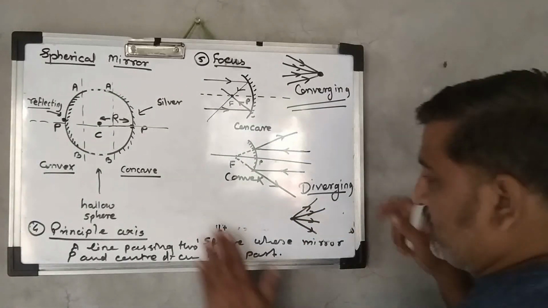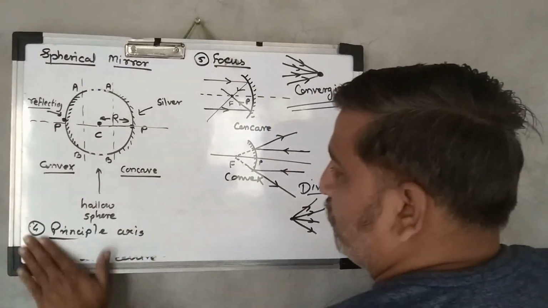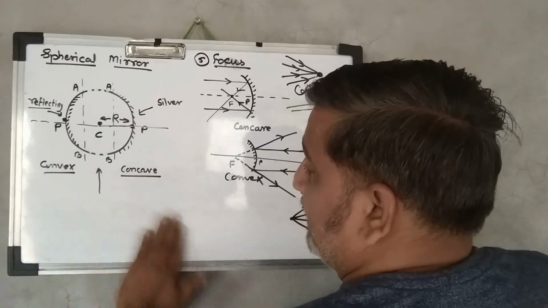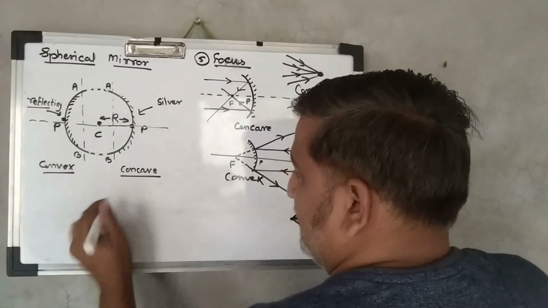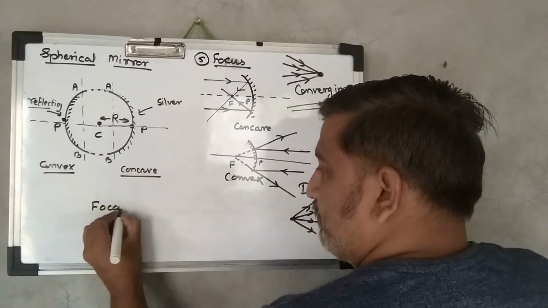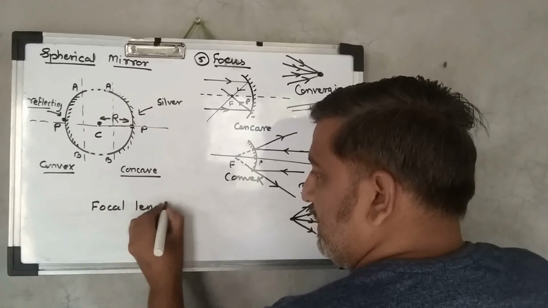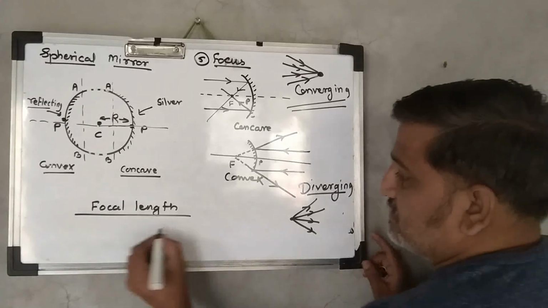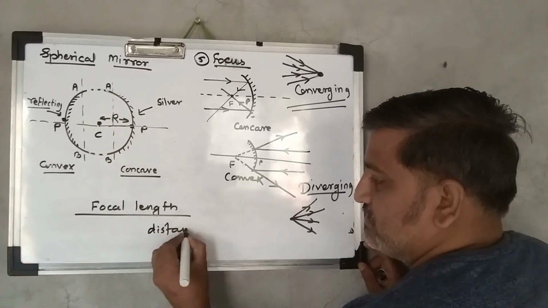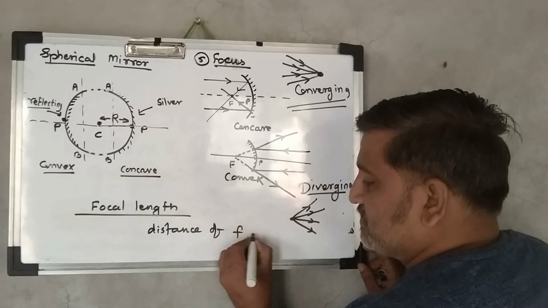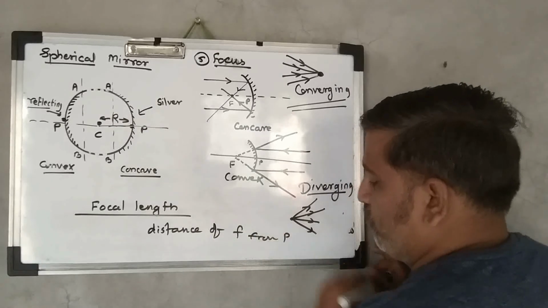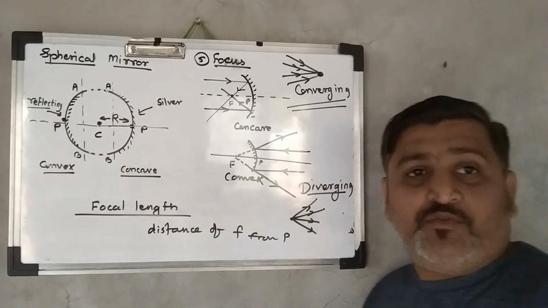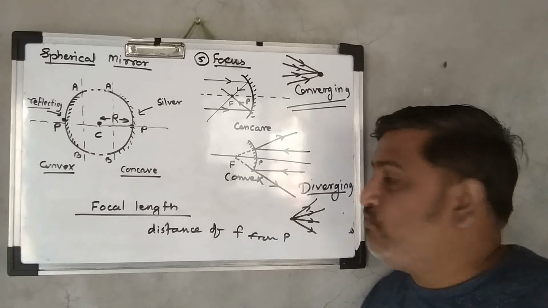Now the next concept is the focal length. What is focal length? Focal length is nothing but a distance. It is the distance of the focus from the pole, or the distance between the focus and the pole, known as the focal length.